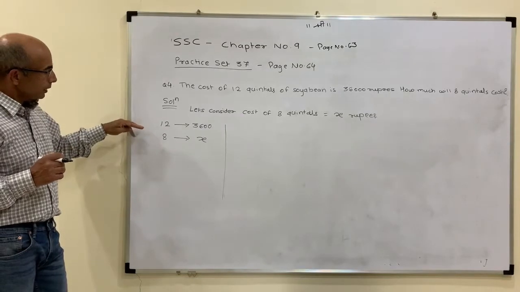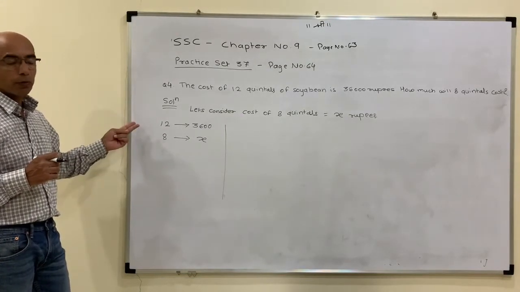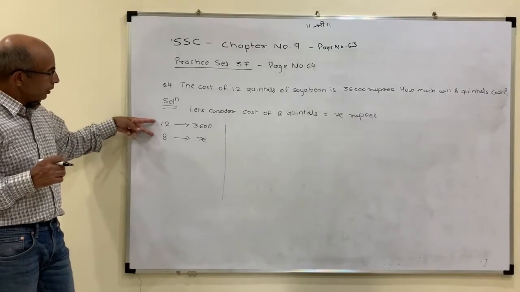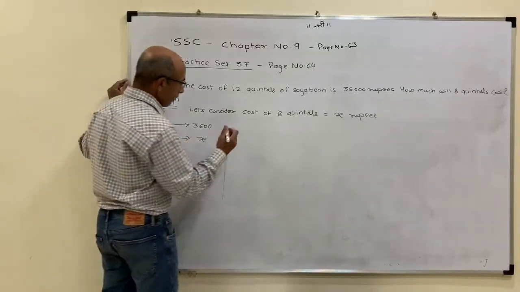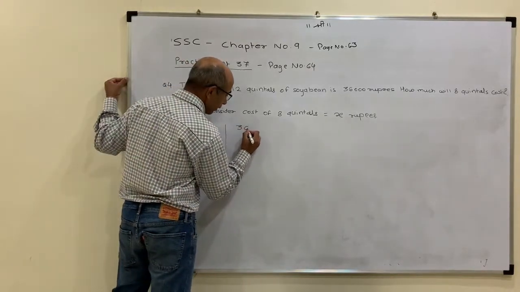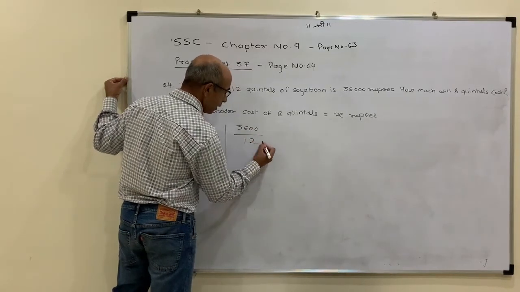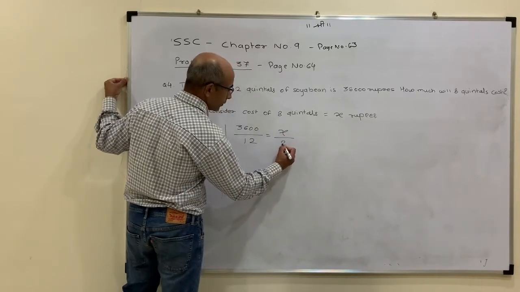Now here there is no hard and fast formula for what is to be on the numerator and what is to be on the denominator. If I take 3600 divided by 12, then it comes out to be x divided by 8.